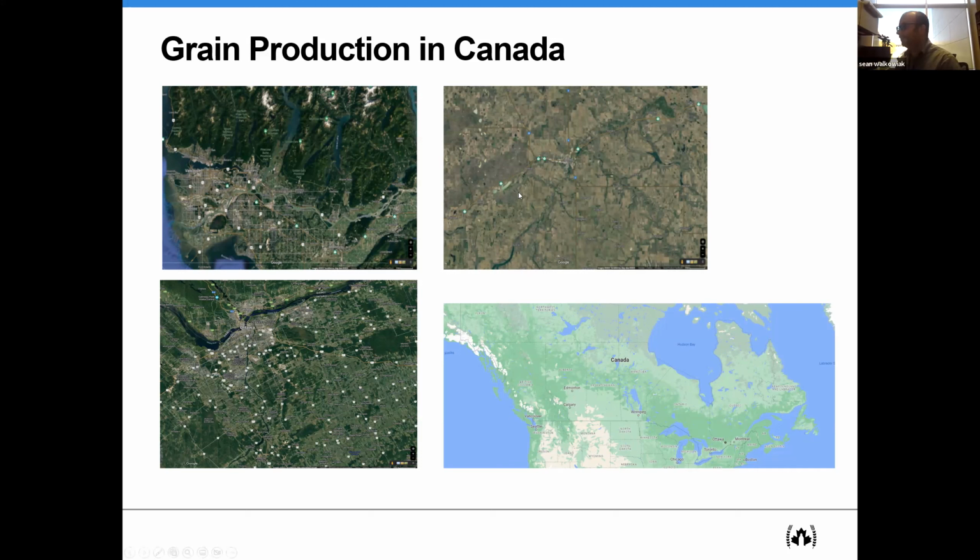You could drive for a couple hours and you're basically going through one town, Swift Current, that only has a few thousand people. It's absolutely mind-boggling how large agricultural production is in some of these prairie locations in Western Canada.